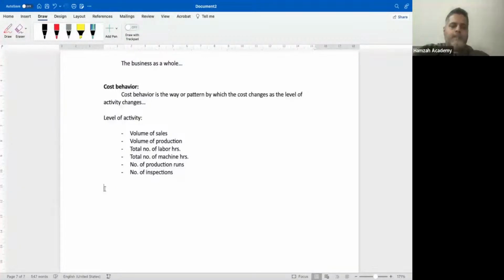Now, the first type of cost that we have is called variable cost.